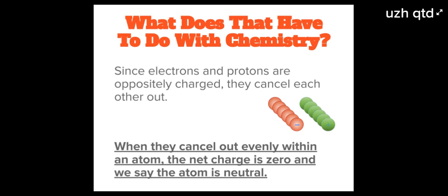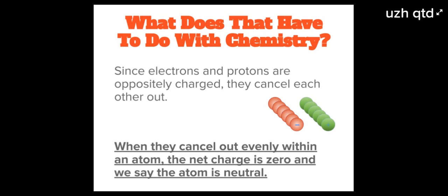Since electrons and protons are oppositely charged, aka electrons have a negative charge and protons have a positive charge, they cancel each other out, just like a positive number and a negative number will cancel each other out.